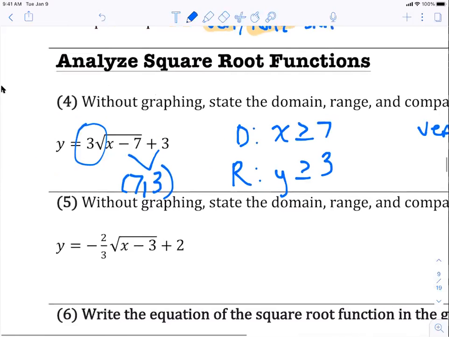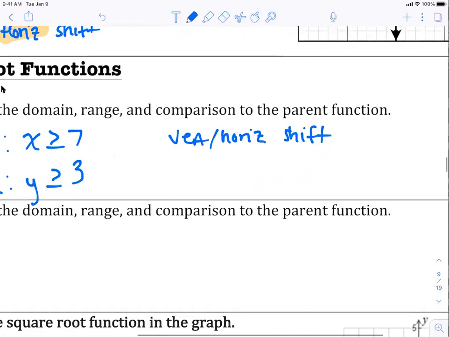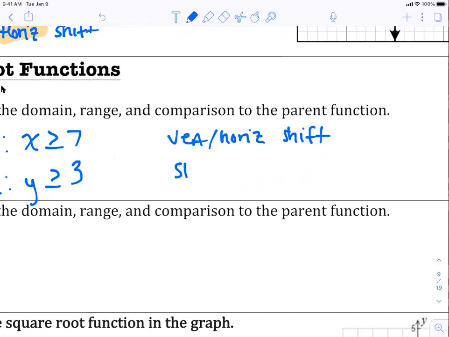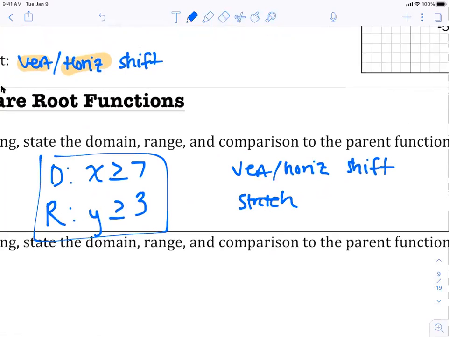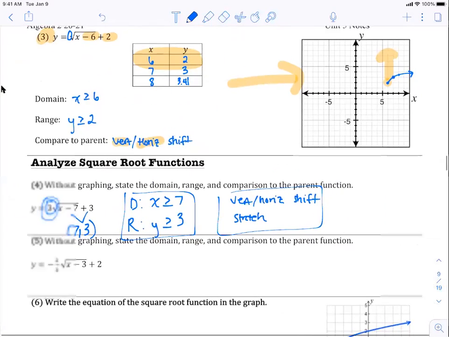We don't have a reflection because there's no negative in front, but we do have another one because there's a number other than 1 in front, and it's a number larger than 1. This tells us that we also are going to have a stretch. Whoa, iPad's freaking out, guys. But this is your domain and your range, and these are your comparisons to the parent.